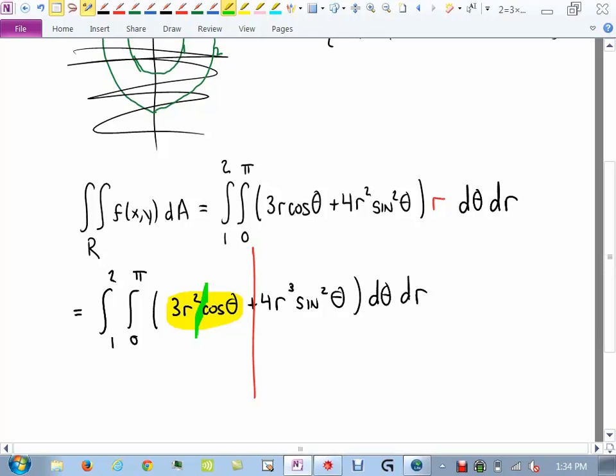Yes? And we had a property. I'll tell you where it is. If you flip to 12.1.6, it was a special case we had for double integrals.